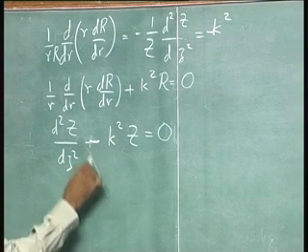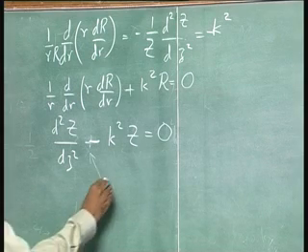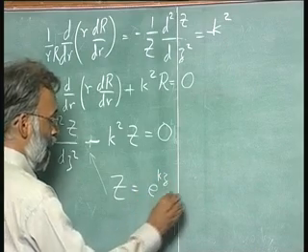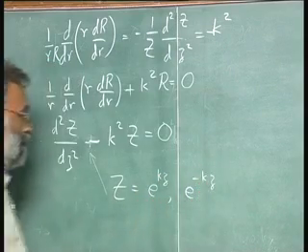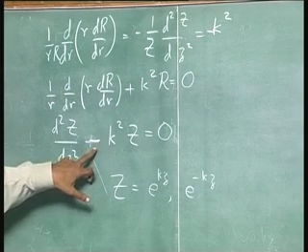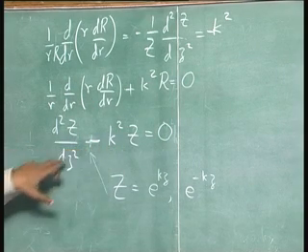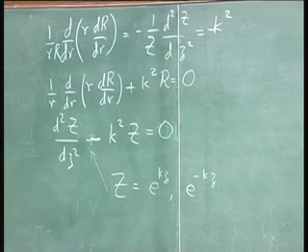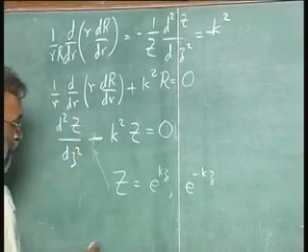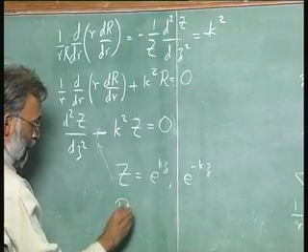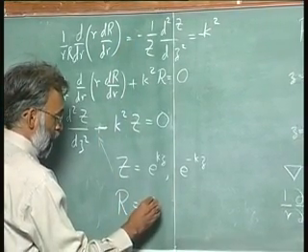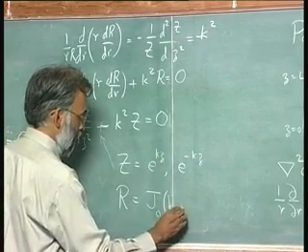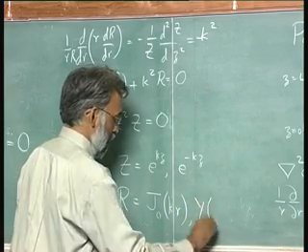This second equation has an immediate solution. It says capital Z is equal to e to the kz or e to the minus kz. That is what this is. It is the equation for an exponential. And if you solve this problem, I am not going to tell you how to solve it, but you can solve it. You will find that capital R is equal to what are called Bessel functions, J0 of kr and Y0 of kr.